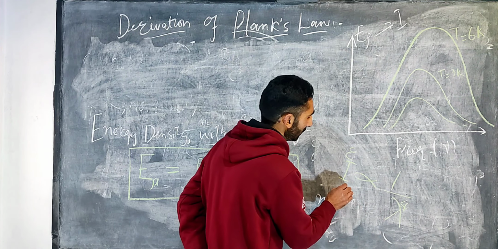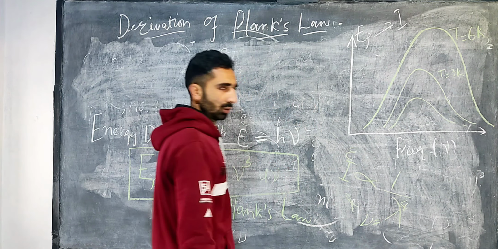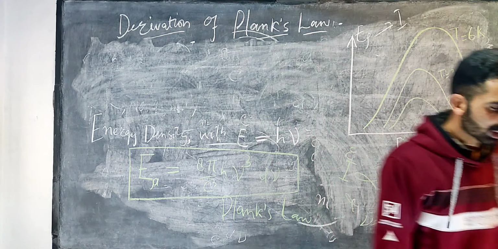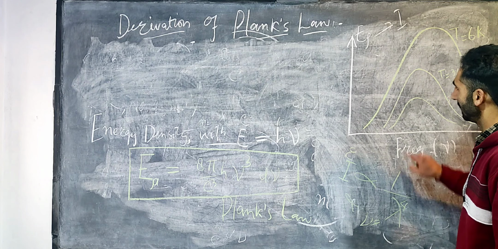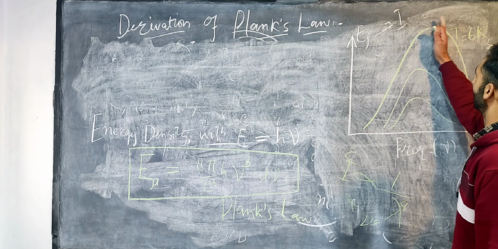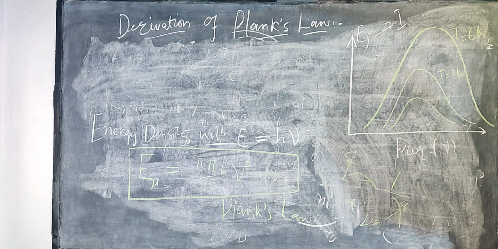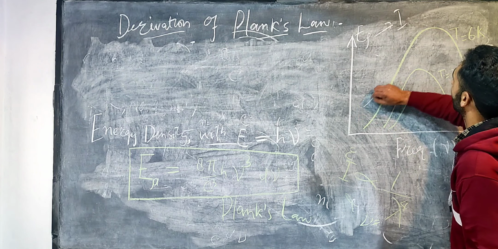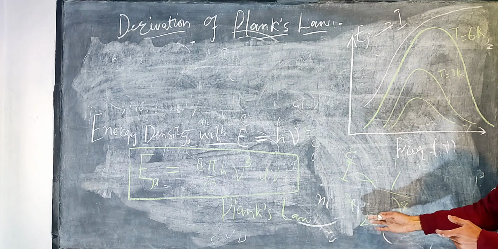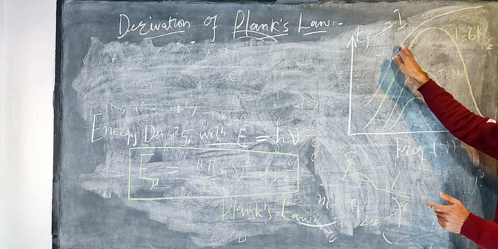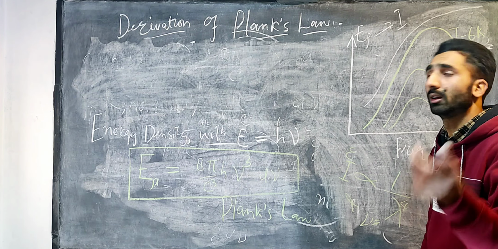So that means this should have been proportional to nu to the power 4. This could have been right if there was a graphical representation where this portion was missing, if we were getting a graph like this. Then this is in accordance with the classical wave theory of photons.